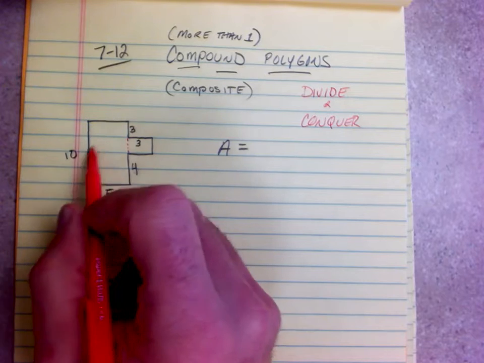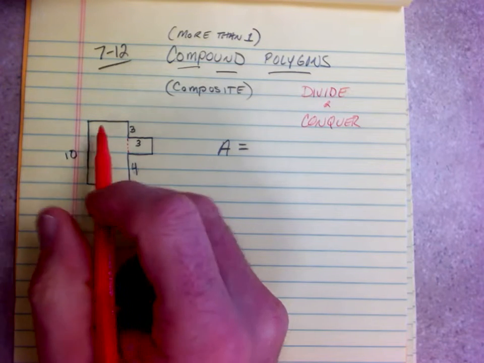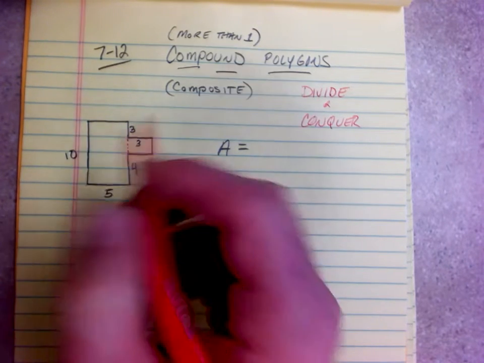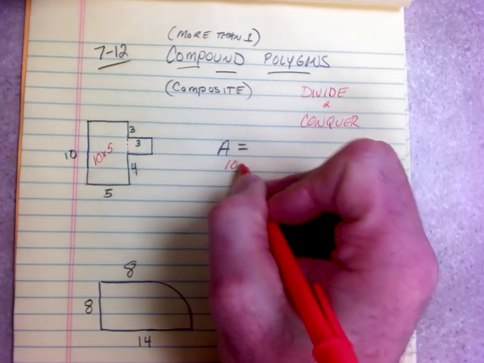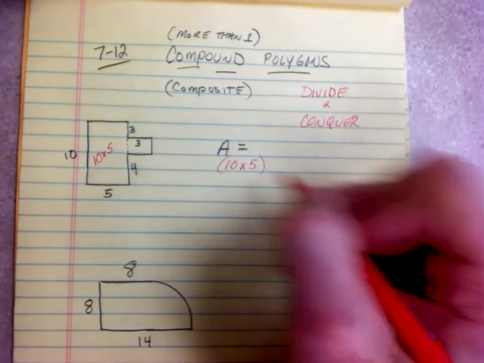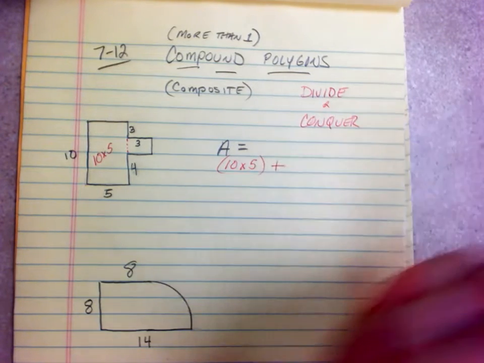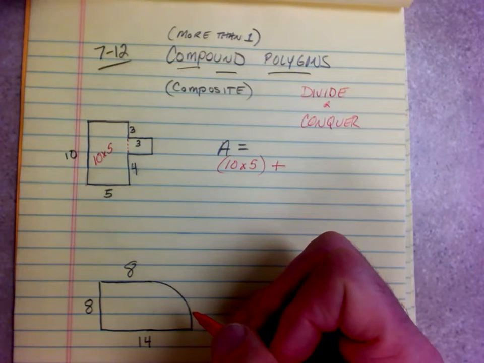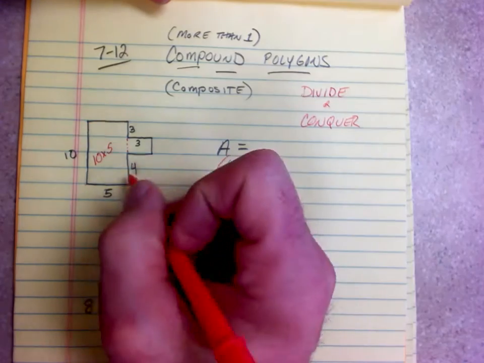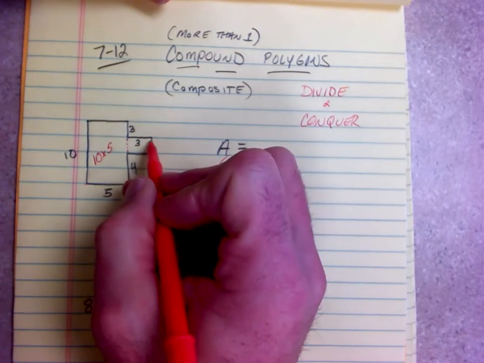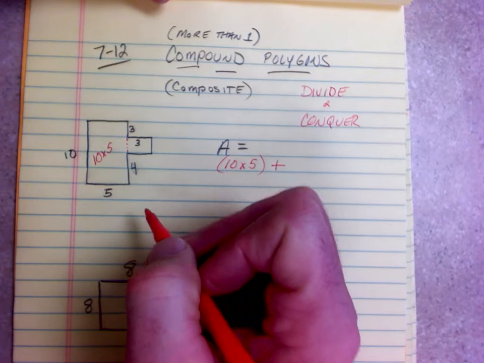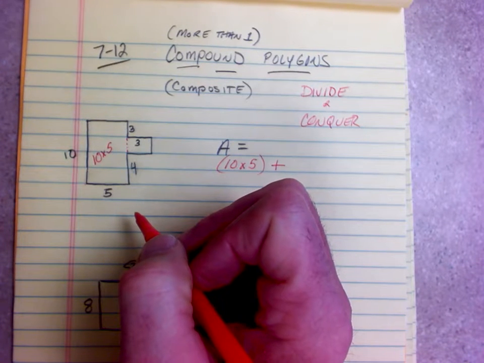So this big rectangle, we can see here that that is a 10 by 5. So we're going to have a 10 by 5 for one part of it, and we are going to add to it the second part of that. The second part of it is the little one here. Now we know this side is 3. This vertical dimension we do not have, so we have to see if we can determine what that is.